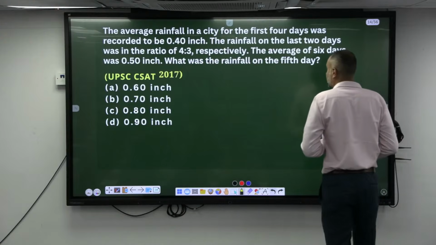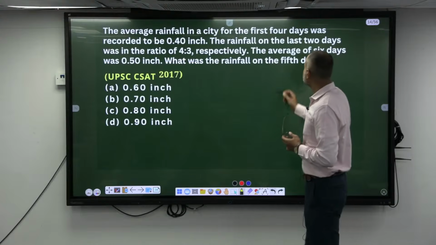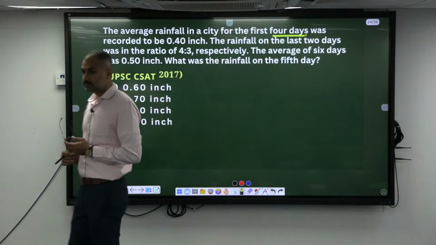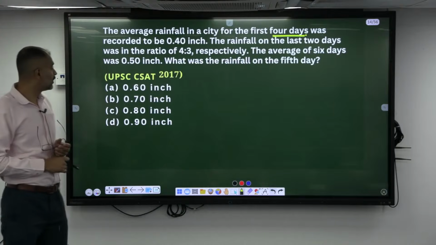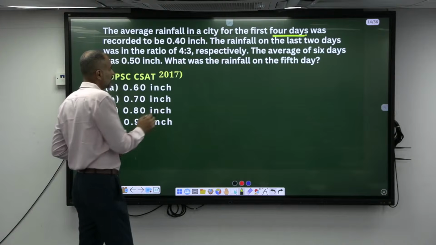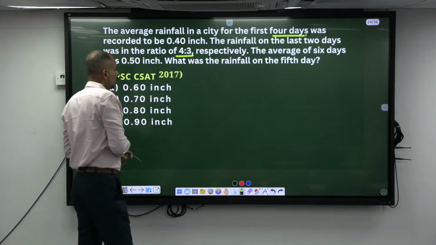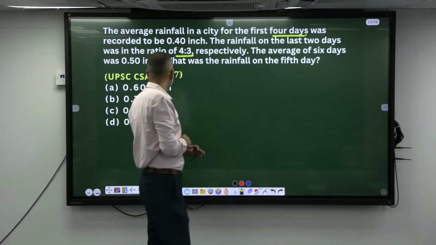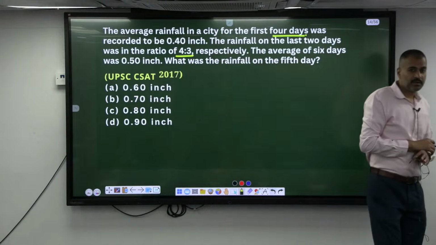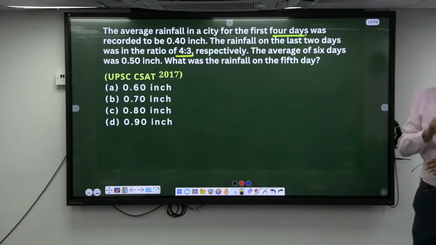Again, the average rainfall in a city for the first 4 days was recorded to be 0.4 inch. The rainfall on the last 2 days was in the ratio 4:3 respectively. The average of the 6 days was 0.5 inch. So what was the rainfall on the 5th day? This is not 7 days, it's a 6 days data.